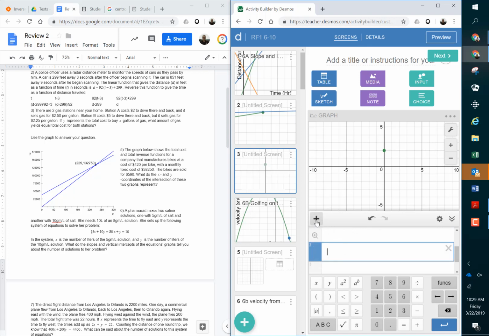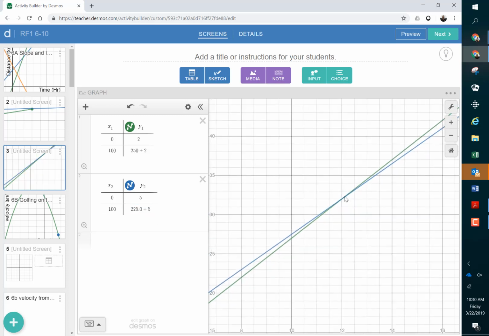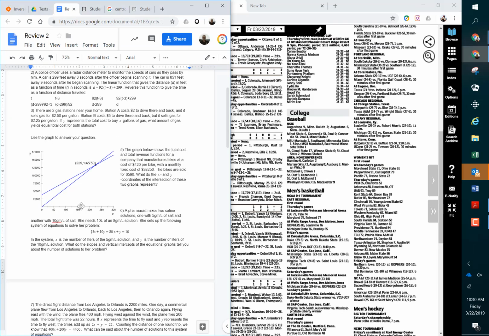Okay, so then let's add another table. And in this case, 0 gallons costs $5, and 10 gallons would cost $27.50. Okay, now where did they cross? It looks like they crossed right around 12 gallons and $32. Remember, since it's multiple choice, you don't have to be exact.